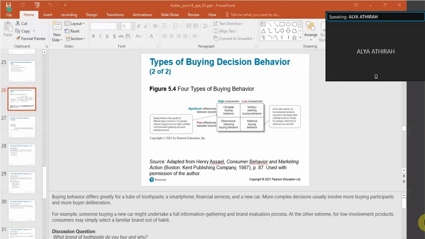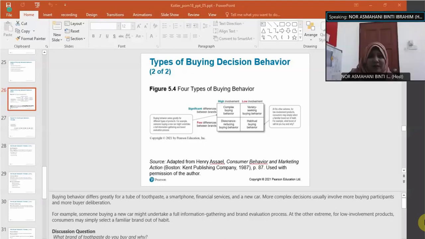Chocolate, right? Tak fikir pun. Tapi my kid dia tahu. Dia kata Nestle Cadbury, mami. Nestle Cadbury only. Tapi tak adalah kan, you fikir banyak sangat bila you nak beli, right? This is habitual buying behavior.